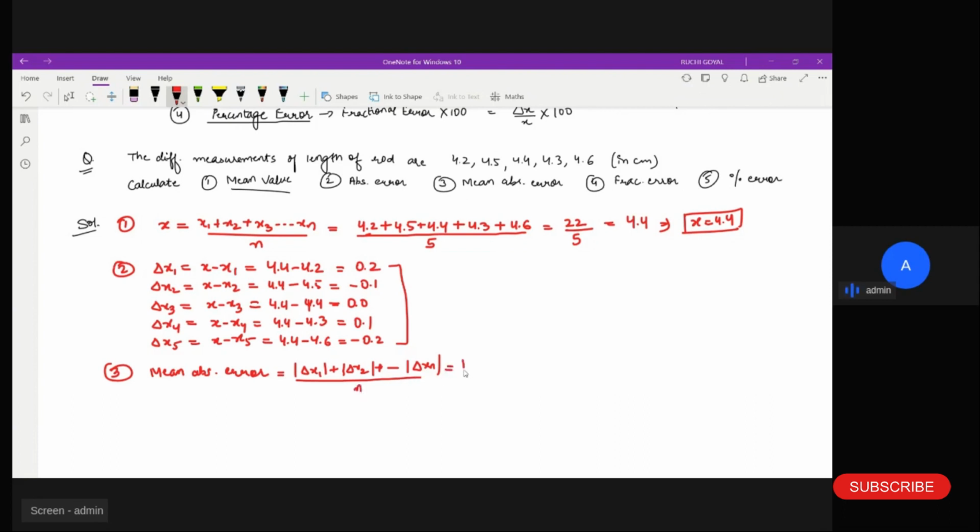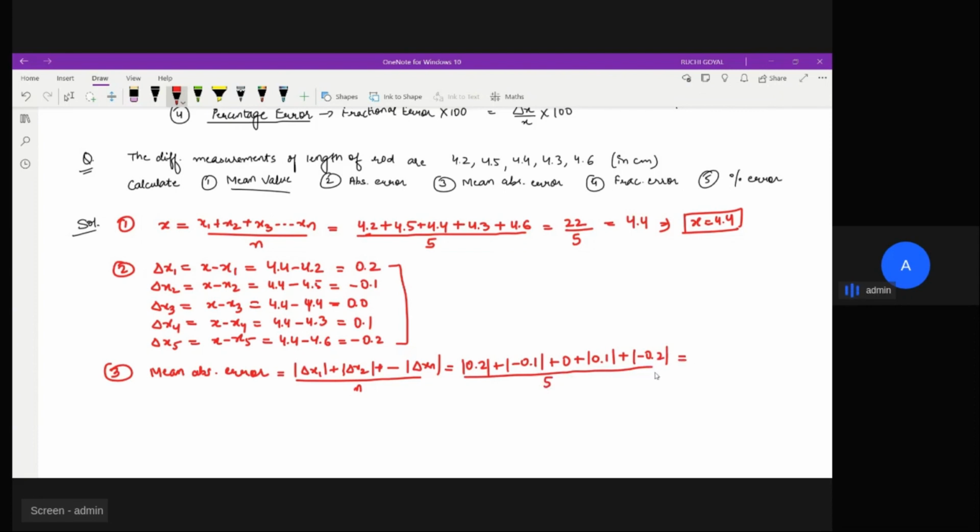So it is the mod of 0.2, minus 0.1, 0, 0.1, minus 0.2, divided by 5.